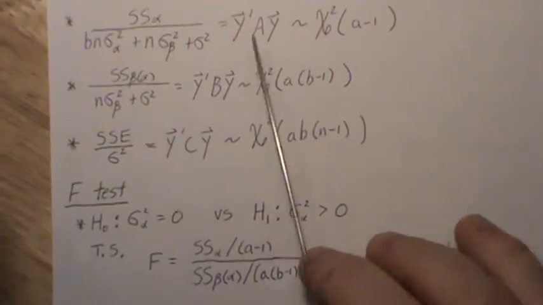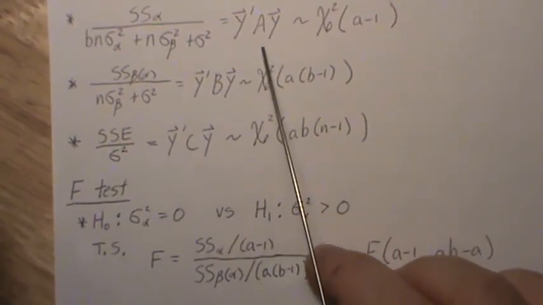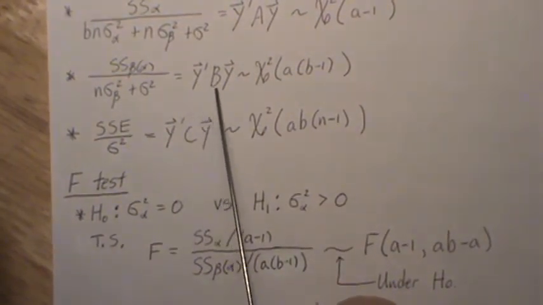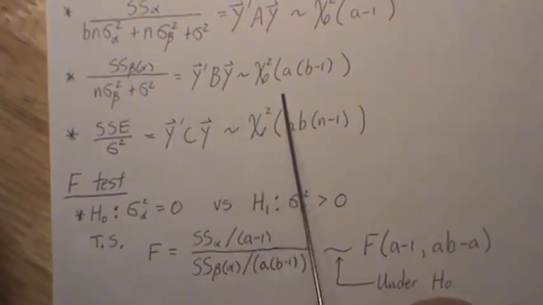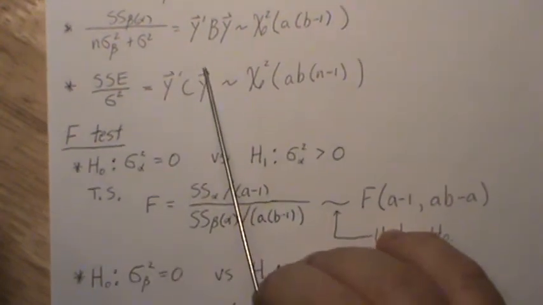And then for this, you have to go to the theorems on the distribution of quadratic forms. Then it's easy to show that this sum of squares is y transpose by, which is a central chi-squared with a times b minus 1 degrees of freedom.